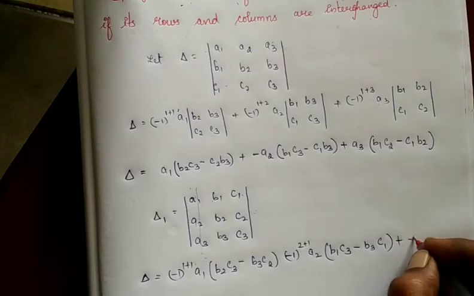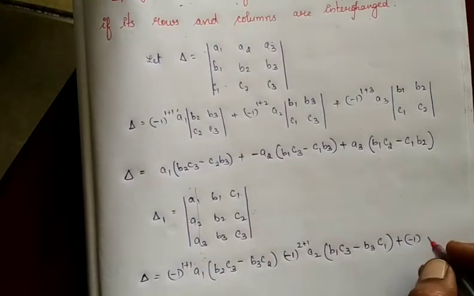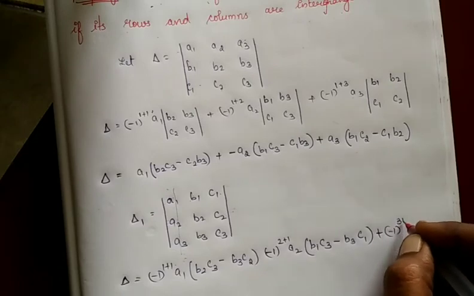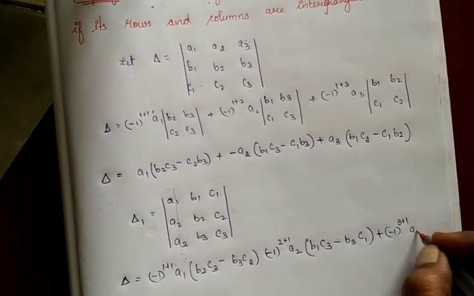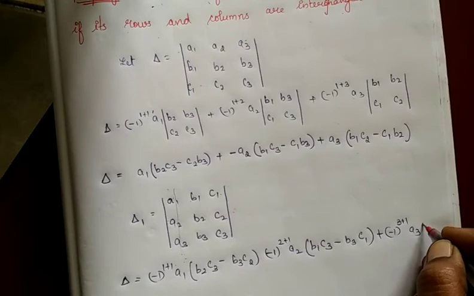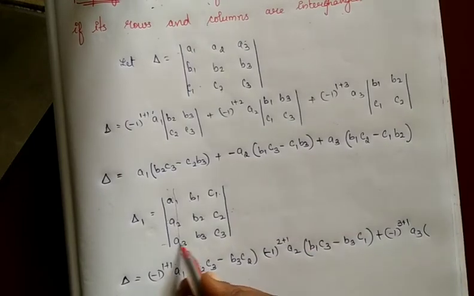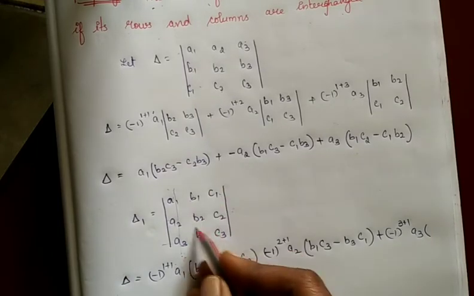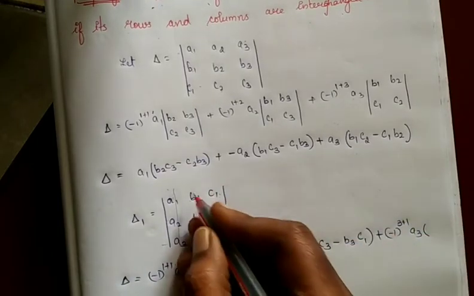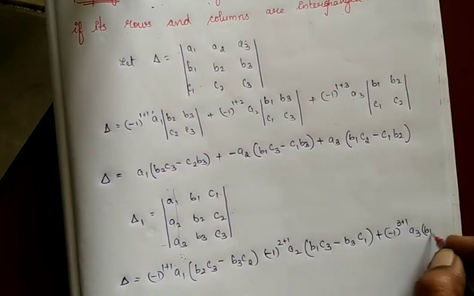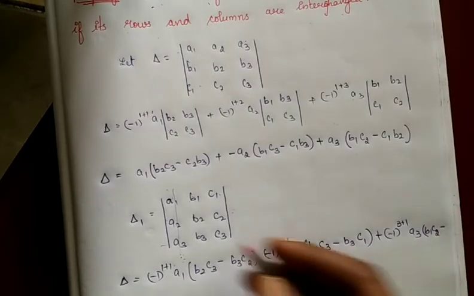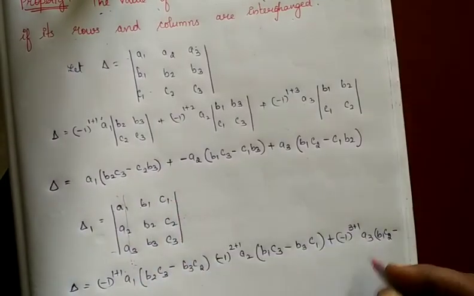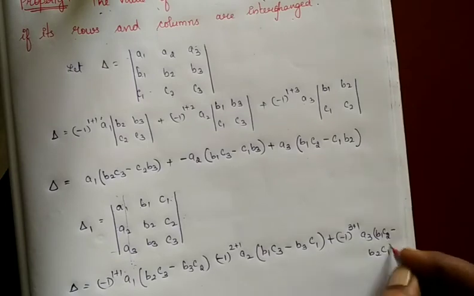Plus minus 1 to the power 3 plus 1, a3 of: leave this row and this column, so only these four elements remain, cross multiply b1 c2 minus b2 c1.